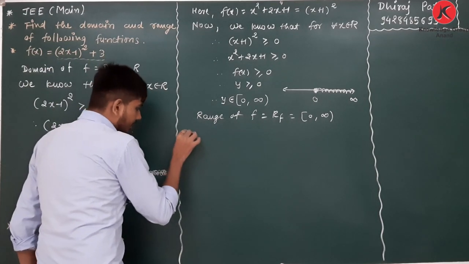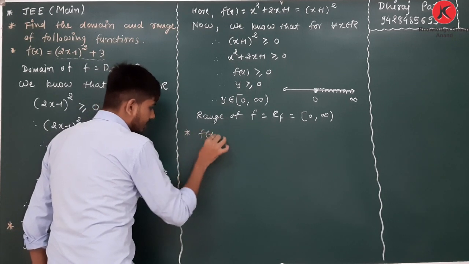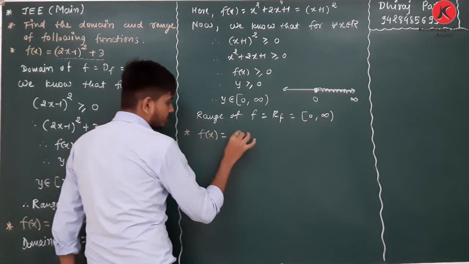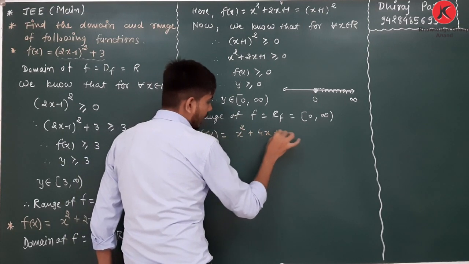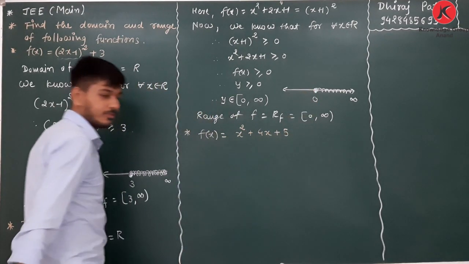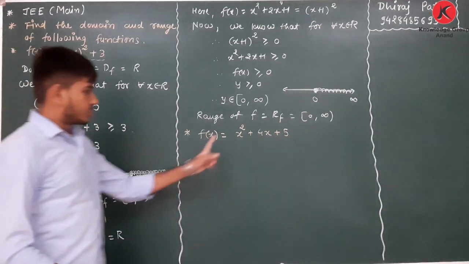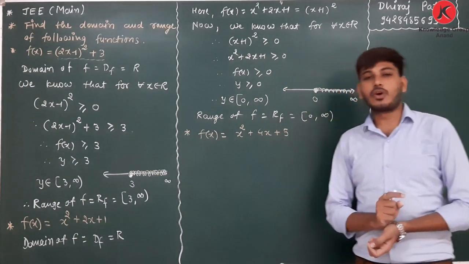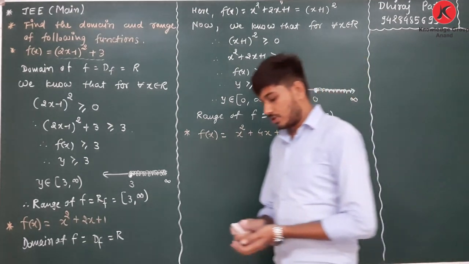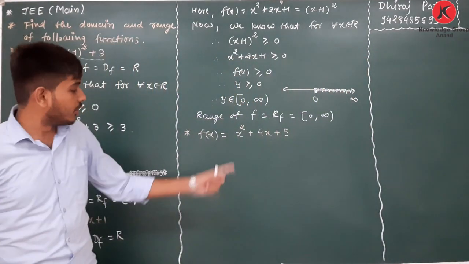Now taking some more examples, f of x is equals to x square plus 4x plus 5. Okay, x square plus 4x plus 5. This is quadratic polynomial. And first of all, obtain the domain of this function.